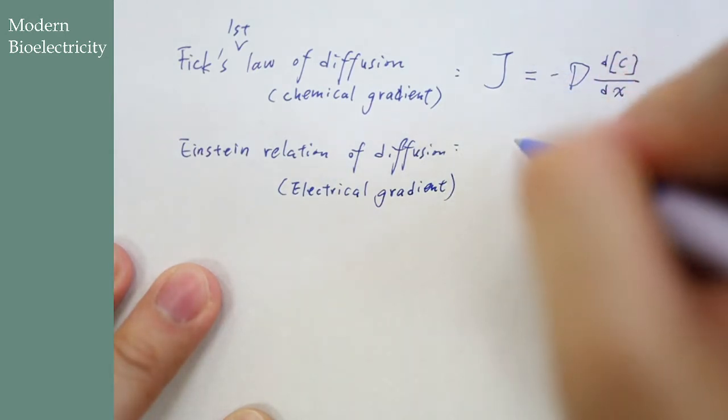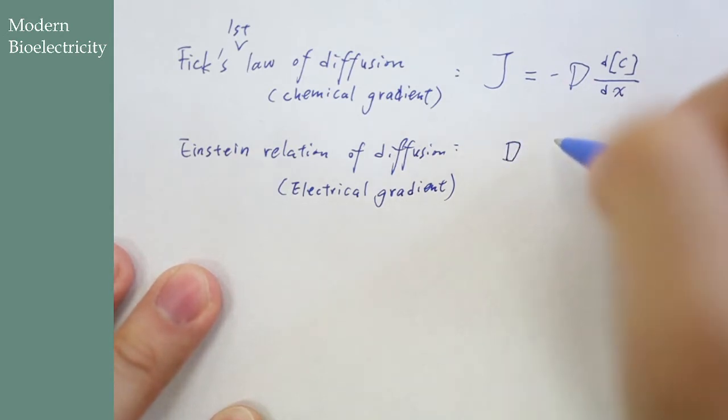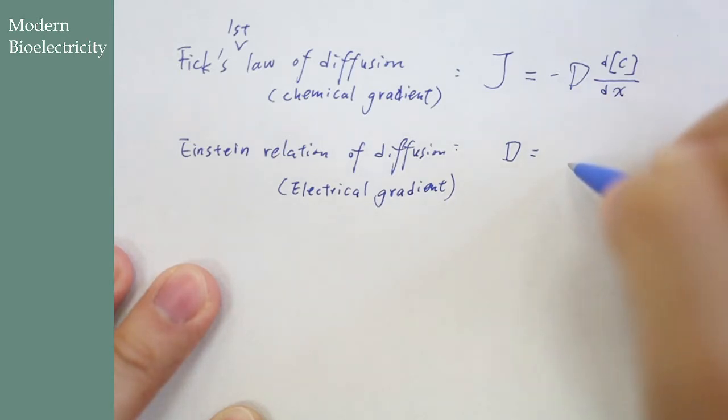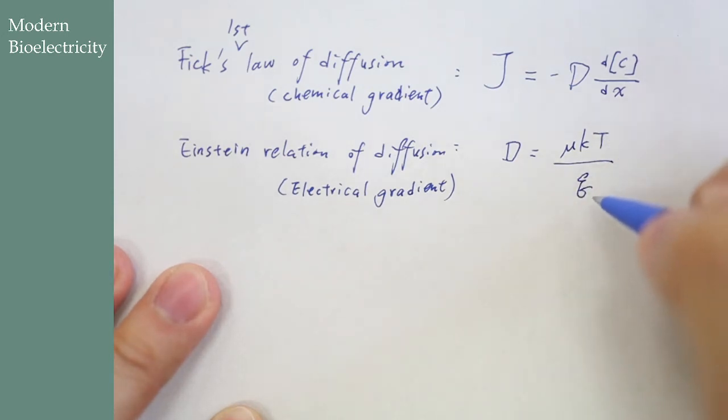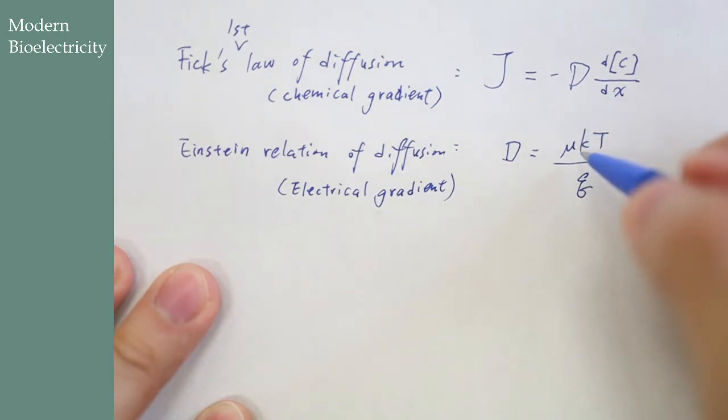It relates the diffusion coefficient, which is equal to mu kT divided by q. q is the charge of one single molecule, mu is the mobility of this molecule, k is the Boltzmann constant, and T is the temperature.